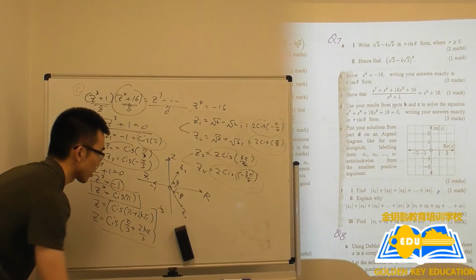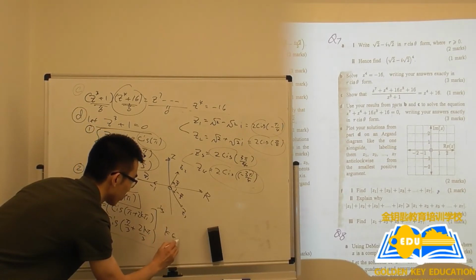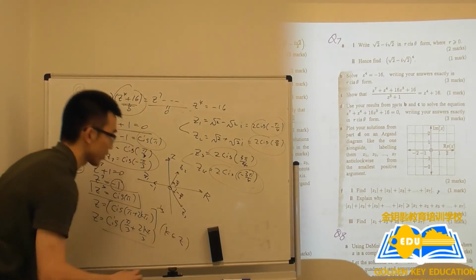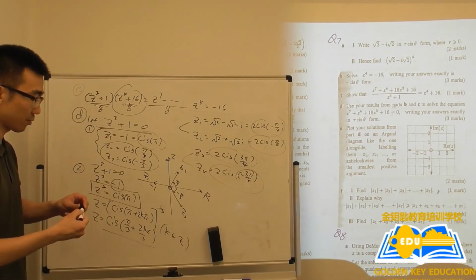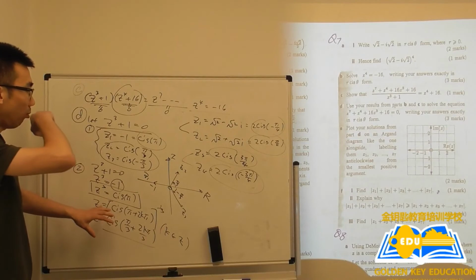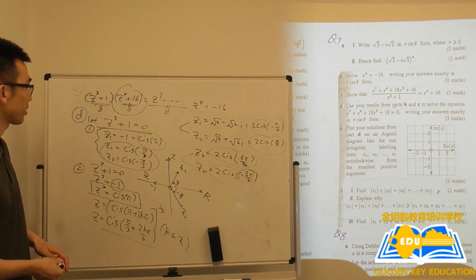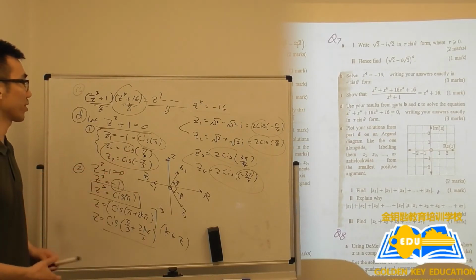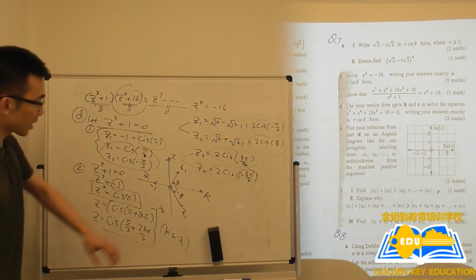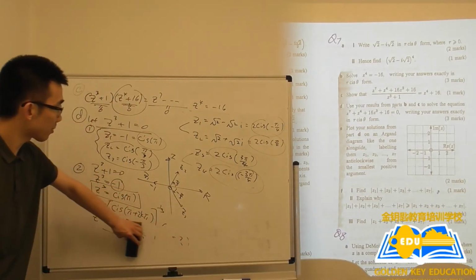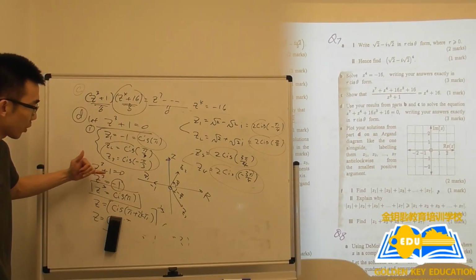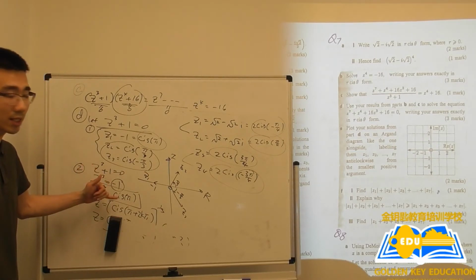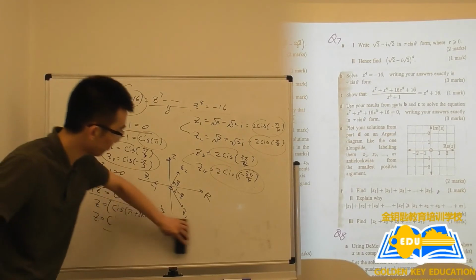That's it, and then k belongs to the integers, like 0, 1, 2, 3, -1, -2, -3, and you can discuss the different values of k, and you can find the answer, pretty much just these 3 answers, right? These 3 roots. So this method is called the complex number method. We first need to convert Cartesian to polar, and then we can use De Moivre's theorem.